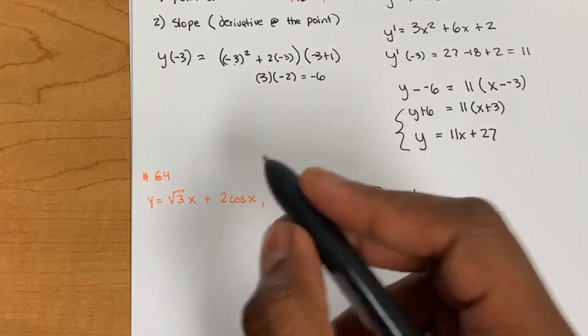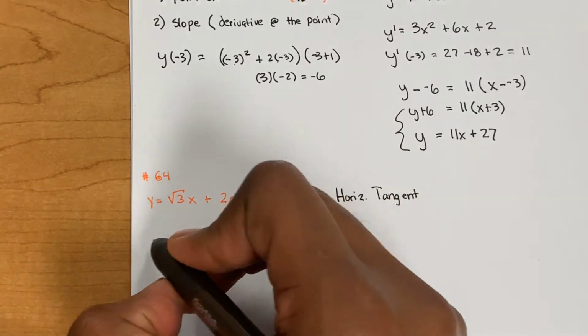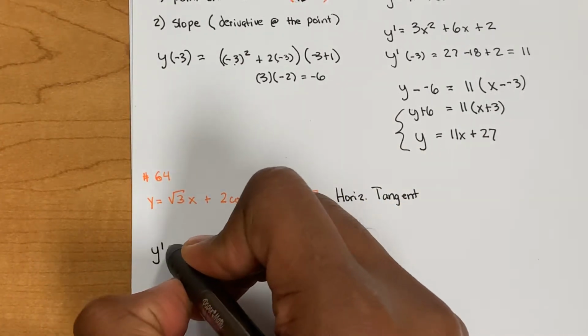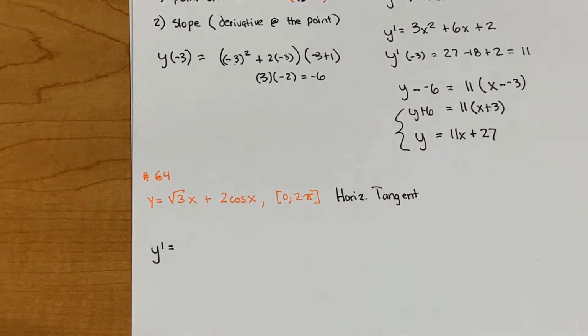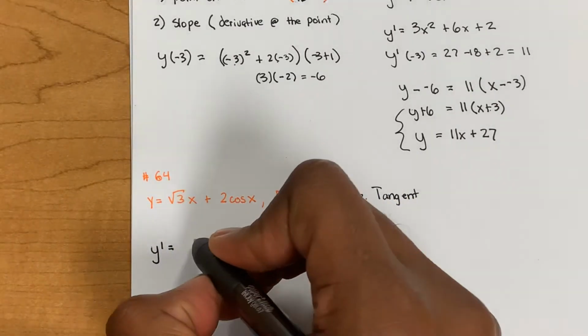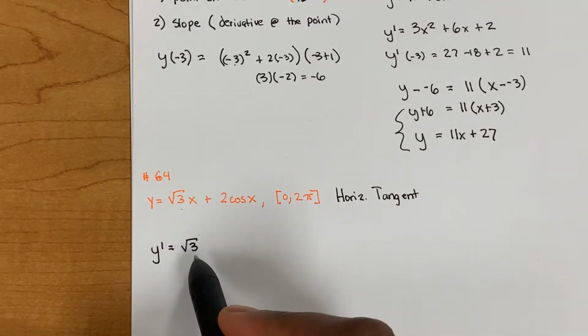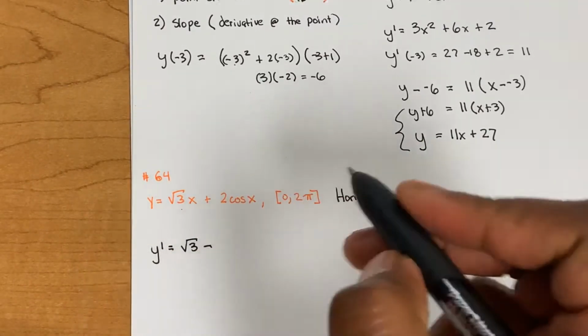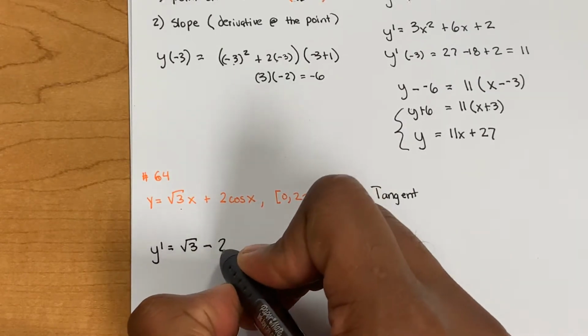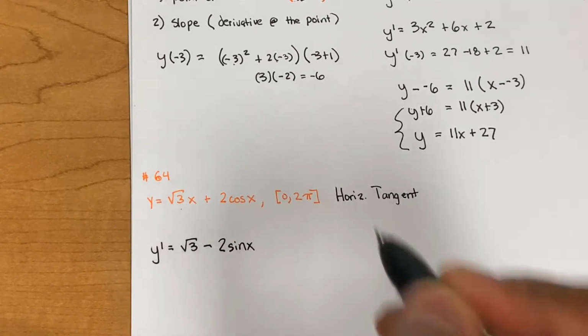So we need to find the derivative and set it equal to 0. So we're going to get y prime equals, now the square root of 3 is not a variable, it's a constant. So the square root of 3x, its derivative is just square root 3, and the derivative of 2 cosine x is negative 2 sine x.